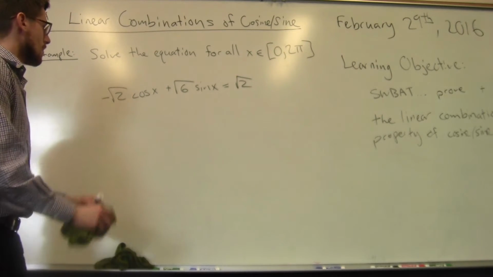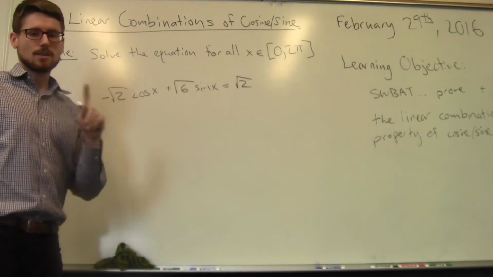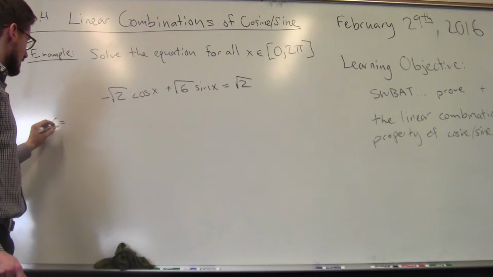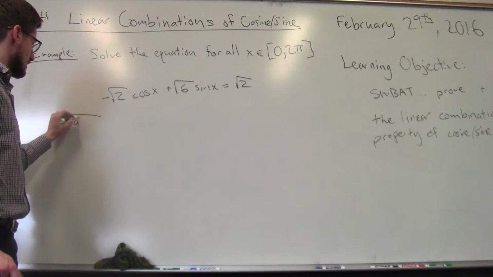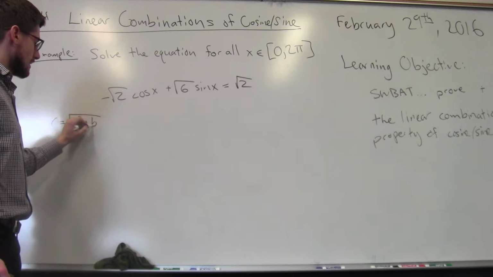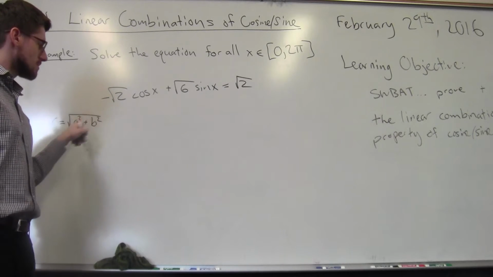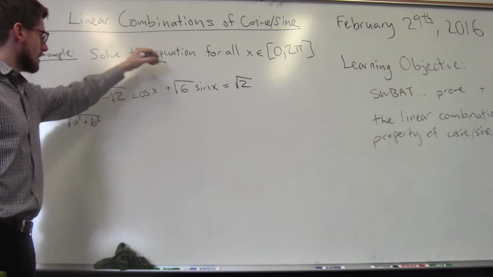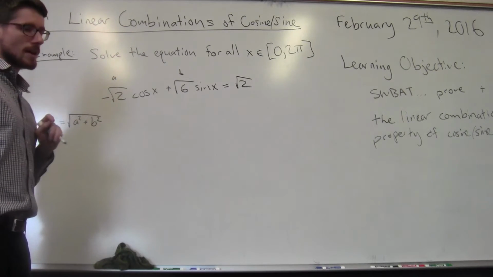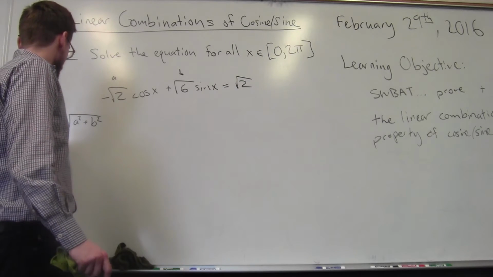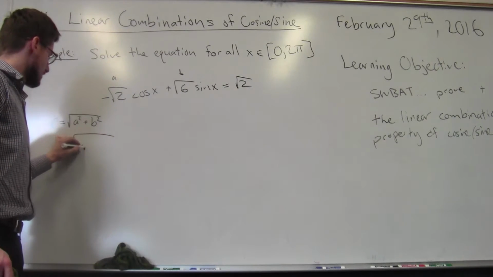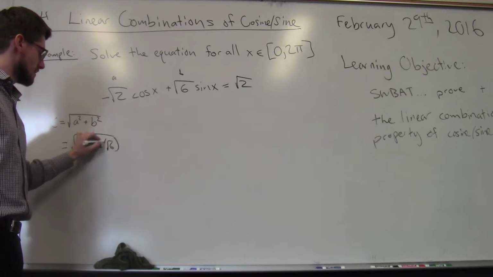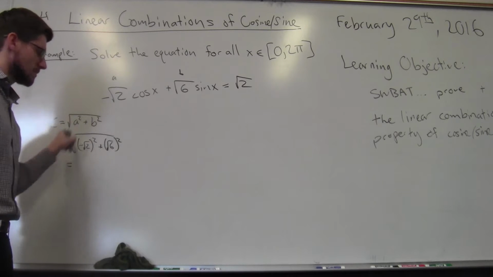Okay, so step one is to turn the left-hand side into a single cosine. If I remember, the formula says that the constant in the vertical dilation is the square root of the sum of the squares. So this is my A and this is my B. Squaring, we get the square root of negative root 2 squared plus root 6 squared, all under a square root.